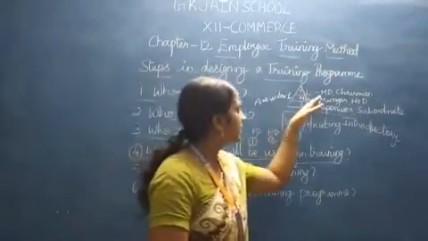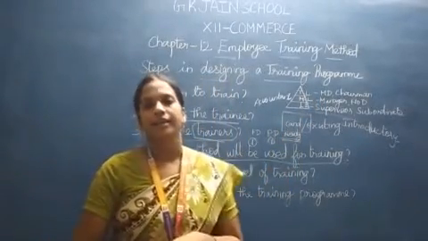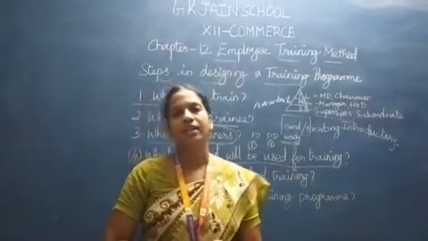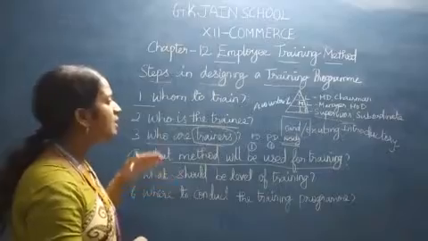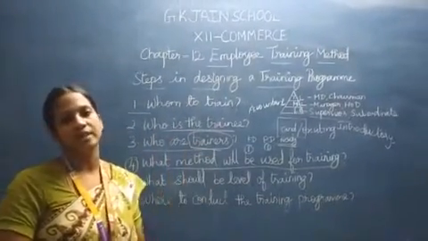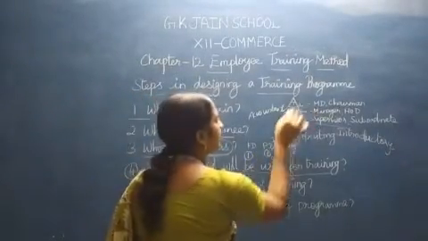For the higher level also, if they want it, they can have training for the effectiveness of their organization. So depending on the level in the organization, the training given also will be different.